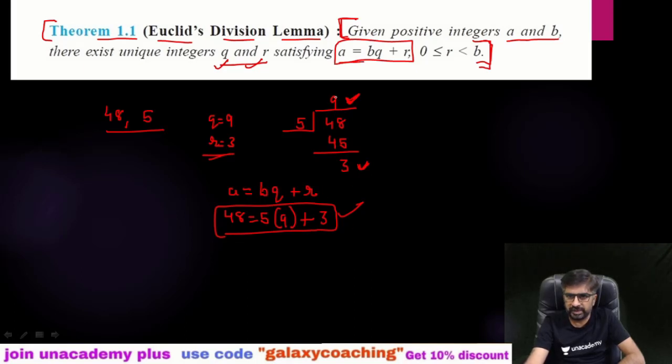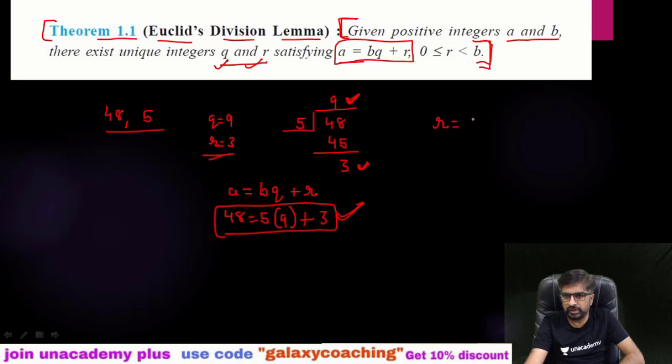So this is the form. Now they are telling that the remainder should be greater than or equal to 0 but less than b. Let me tell you, whenever you divide any number by another number, your remainder will always be less than that divisor.